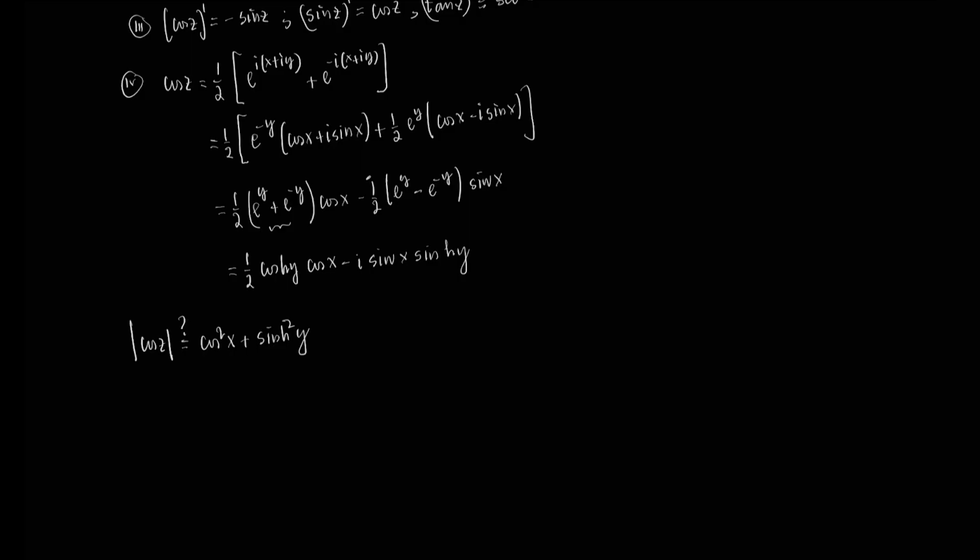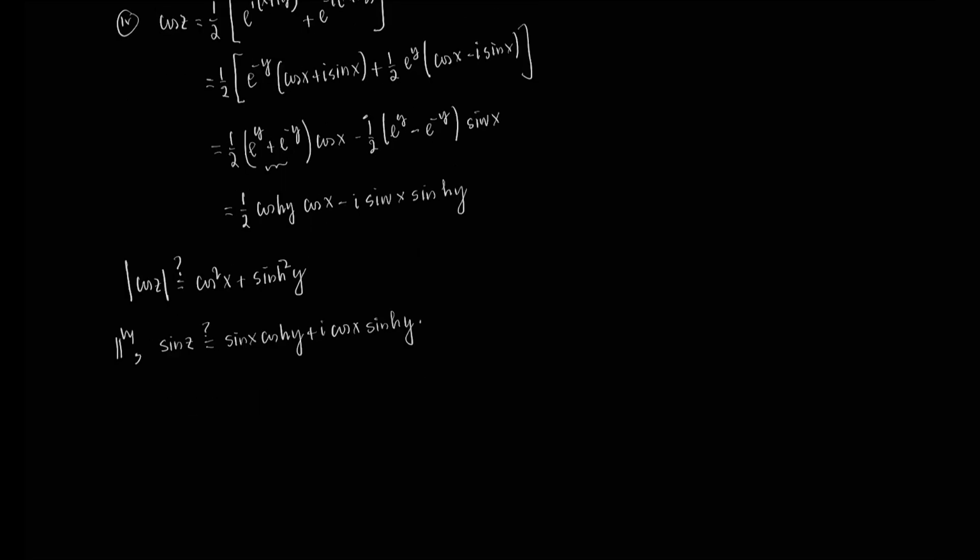And similarly, you can also show that sine z can be written as sine x cosine hyperbolic y plus i cosine x sine hyperbolic y. Please show this. Is it true or not? This is actually true.